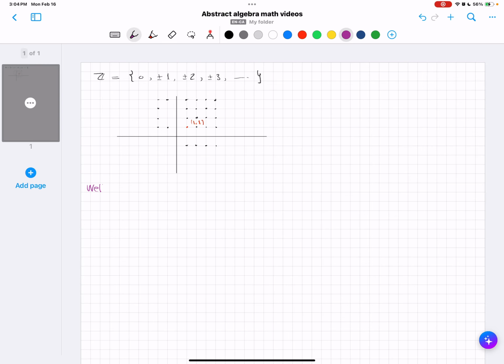Well-ordering axiom. A lot of the things that we expect with the integers happen really because of the well-ordering axiom.